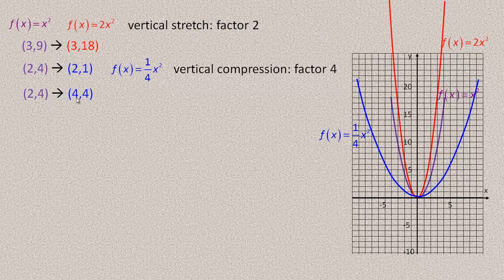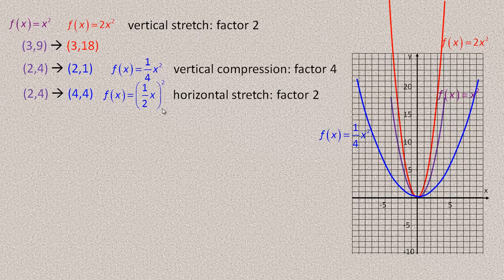So notice that if it's a horizontal stretch, the y values stay the same. It's the x coordinates that are changing. And so this is called a horizontal stretch by a factor of 2. Notice the 2, 4 point.